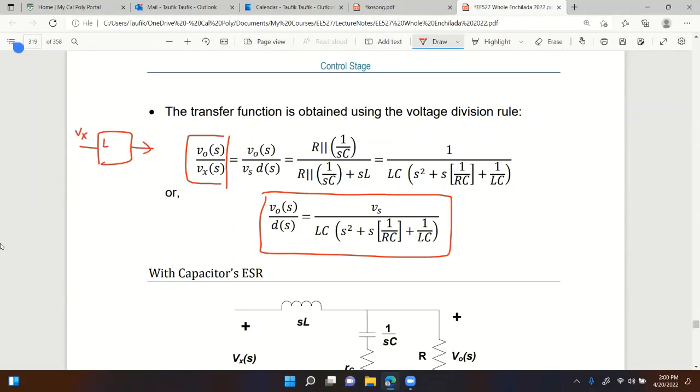And this is the low pass filter, and this is the output. So Vout over Vx is equal to this, and we know that Vx by itself, as we already learned, is D times Vs. So right there is the voltage divider, and at the end I get the ratio of Vout over duty cycle. Okay, almost done.